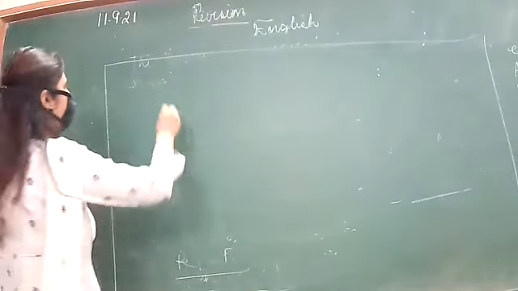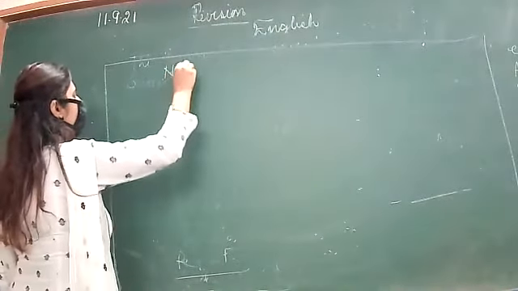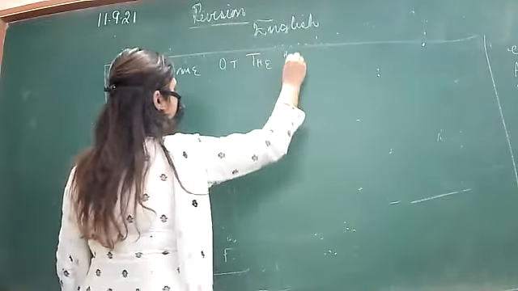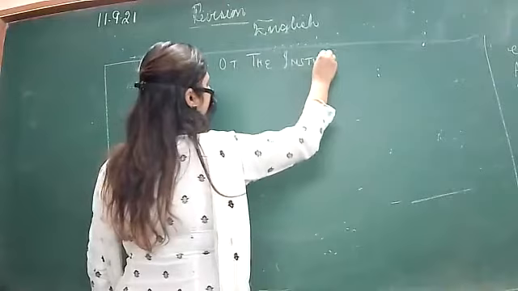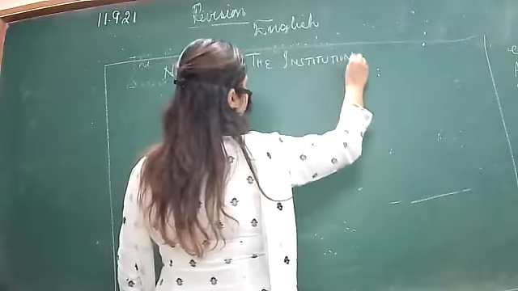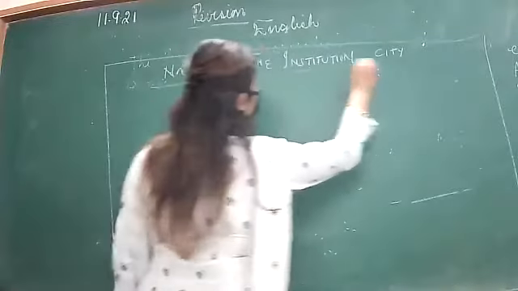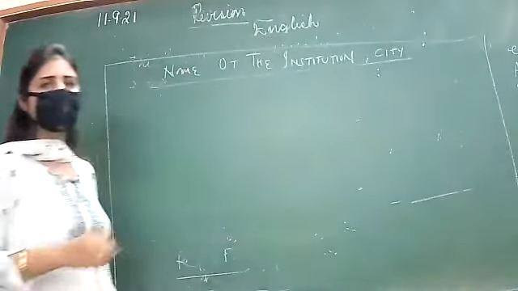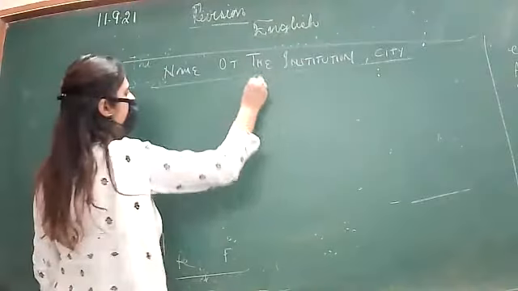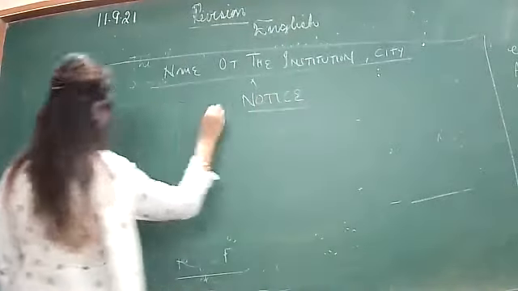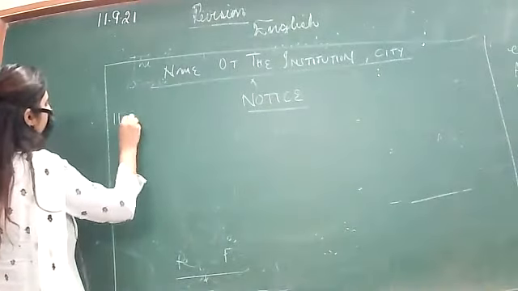Then write the name of the institution or organization who is issuing a notice, underline it, and then write down the city. Leave a line, write down the word notice, underline it, and corresponding to it, you can write down the date.